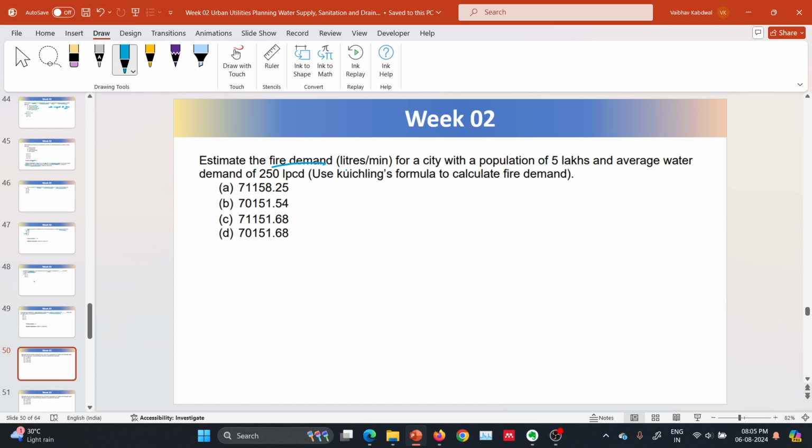Estimate the fire demand for a city with population 5 lakhs, 500,000, and average water demand of 250 liter per capita per day using Freeman's formula. The formula is 3182 under root P, where P is population in thousands. P will be 500.